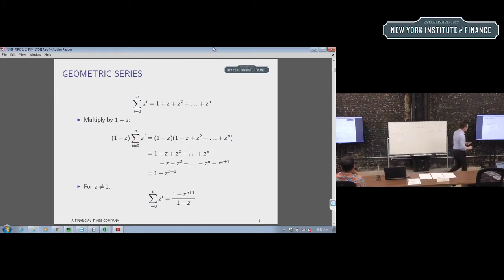So that means that when I multiply the sum by 1 minus z, all I wind up with is 1 minus z to the power n plus 1. But I want to get back to the sum of z to the power i. That's what I started with. But you say, that's easy. All you've got to do is divide by 1 minus z on both sides, and you get back to the sum. You follow?